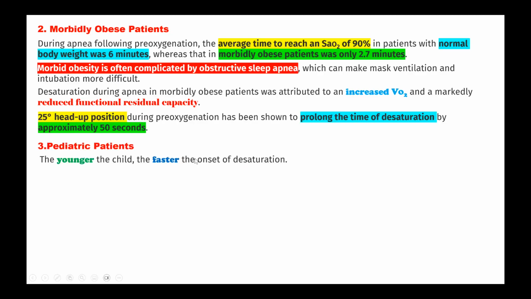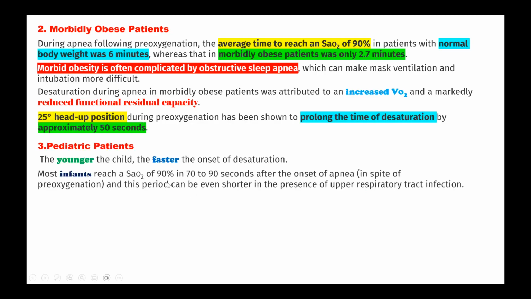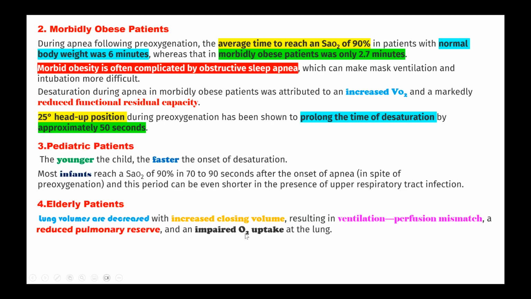In pediatric patients, the younger the child, the faster the desaturation, because they also have a reduced FRC. Elderly patients may have all sorts of alterations in the lung: volumes are decreased, closing volume increases and encroaches on FRC, ventilation perfusion mismatch may occur, and they have reduced pulmonary reserve.